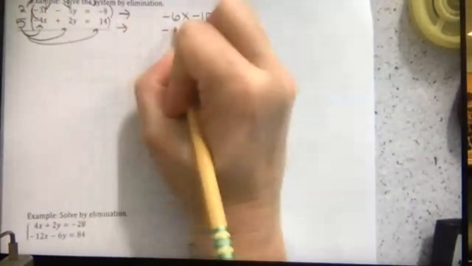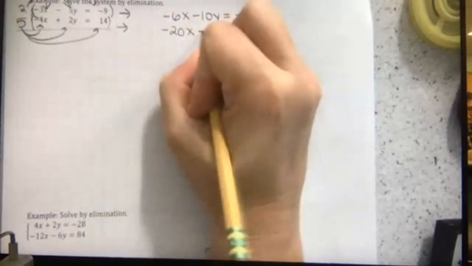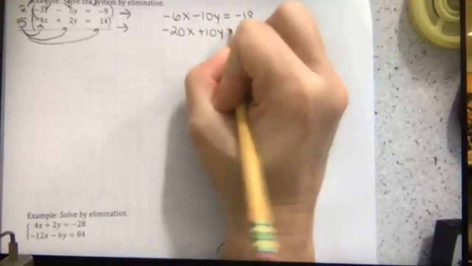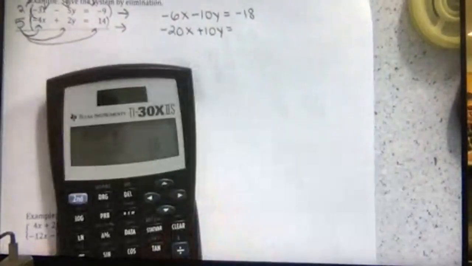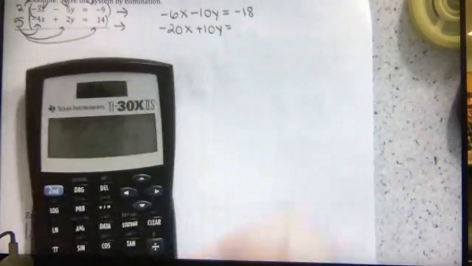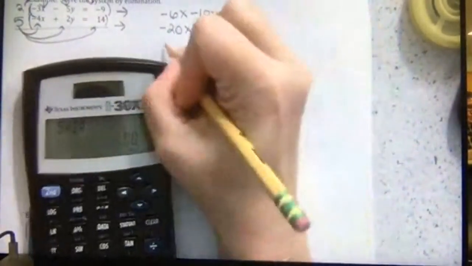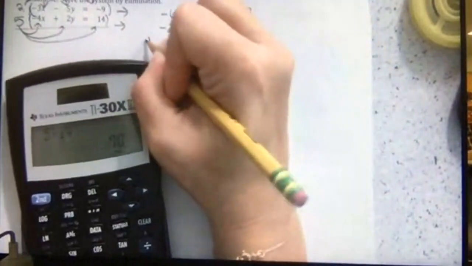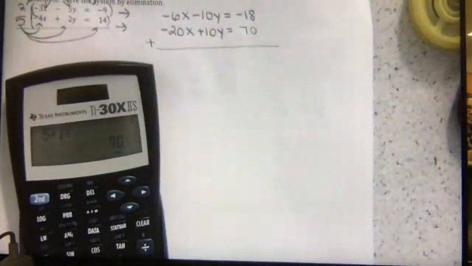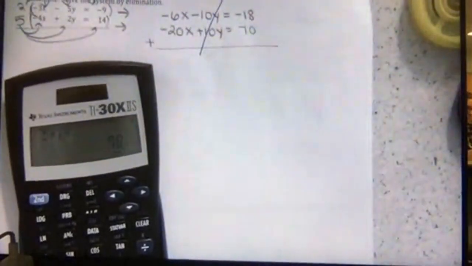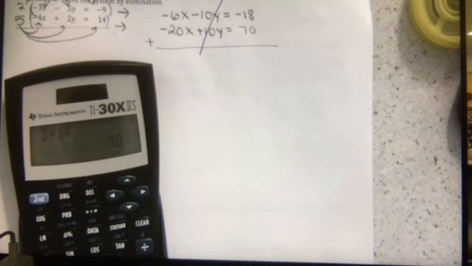So that'll leave us with -20x plus 10y equals 5 times 14, which is 70. Now whenever I add these two equations together, -10y plus 10y eliminate. They cancel out, so we're just left over with x's.